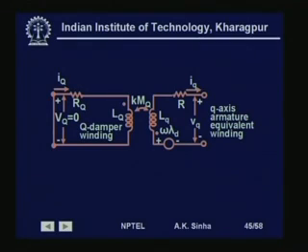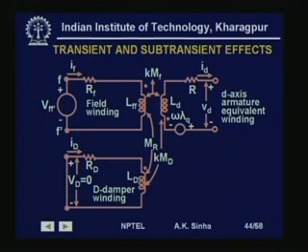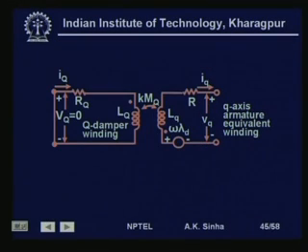XQ dash normally people take same as XQ, whereas in case of the direct axis we have XD double dash, which is much smaller than XD dash, and which is smaller than XD as such. In the quadrature axis we have two windings, the damper winding and the Q axis winding on the stator.